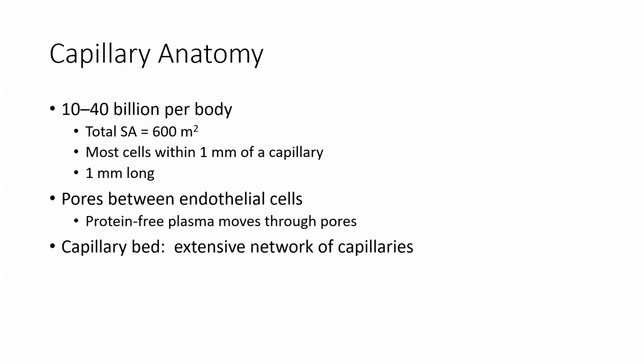We also want to talk about this idea of the capillary bed. This is a network of capillaries, and we don't really look at or talk about capillaries on an individual level because they're just so small, so minute, so many of them, but we really refer to the network of capillaries, which we call a capillary bed. We look at arterioles that flow from arteries into capillary beds.